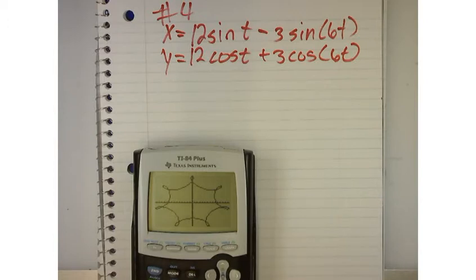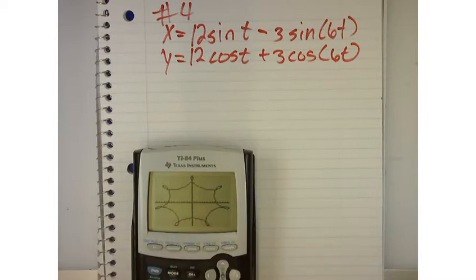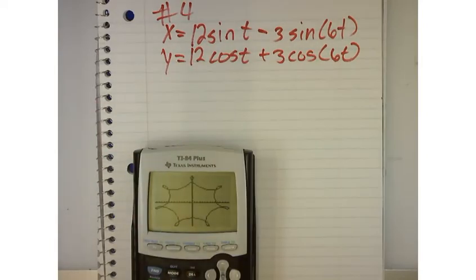This is another reason why we do parametric stuff. This is really difficult to do in Cartesian equations. Well, this one's actually one of the simpler ones, but you can see there are complex patterns that you can do a little easier with parametric equations.